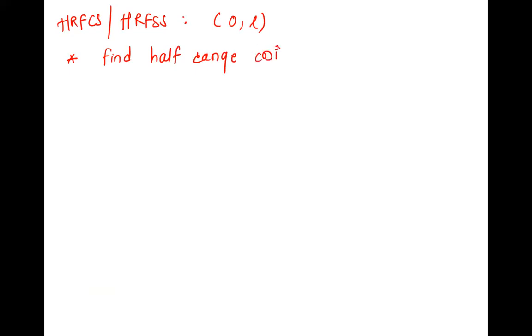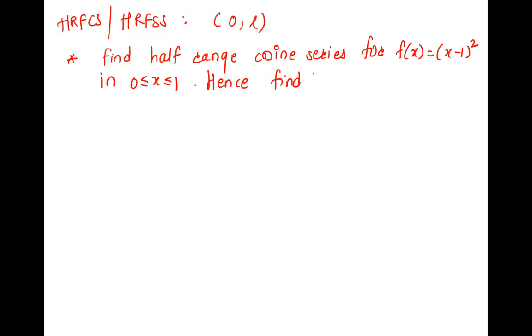Find half range cosine series for f of x is equal to x minus 1 square in 0 to 1. Hence find summation 1 upon n square, n is 1 to infinity.